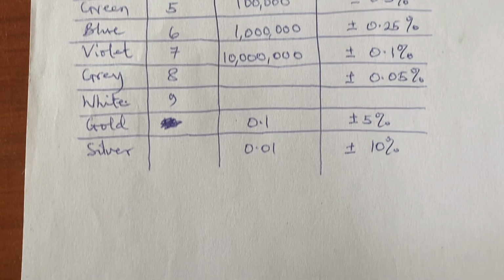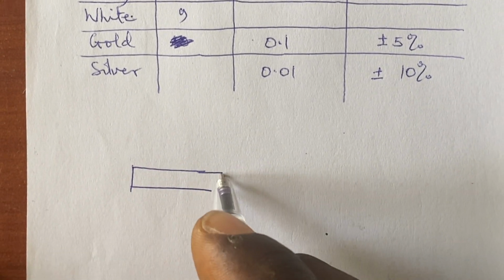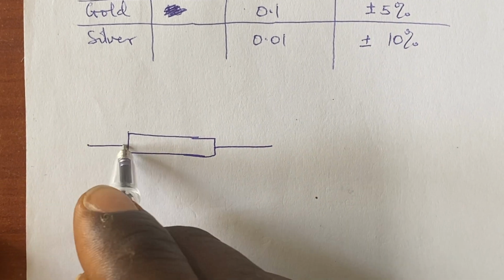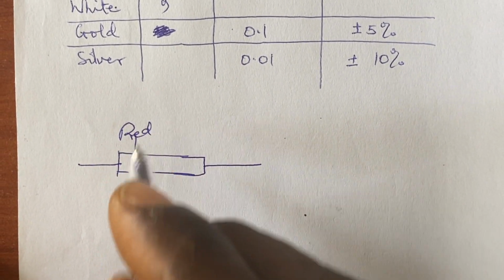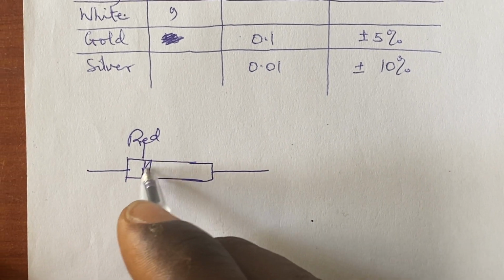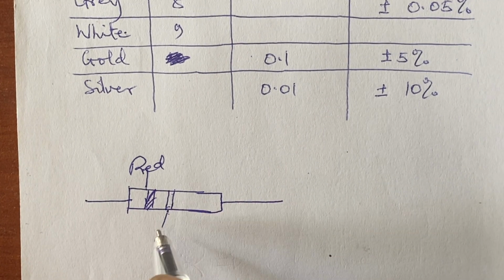For instance, we have a resistor with a color code of red. It has another one, green.